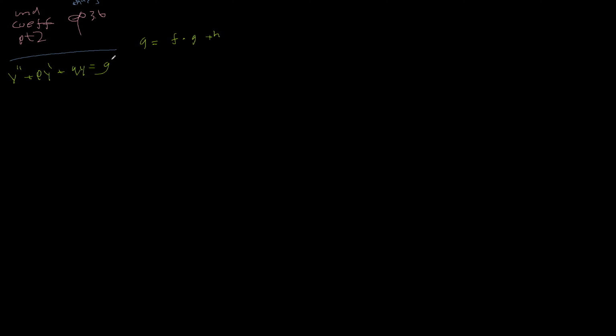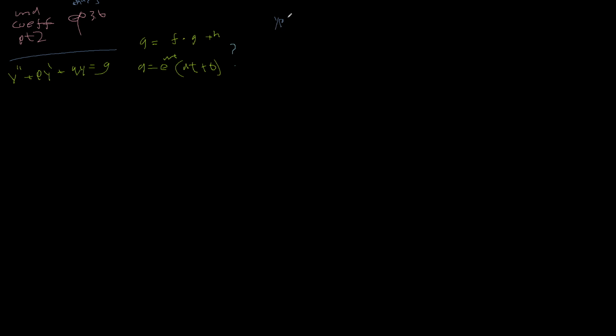A first example I'm going to look at is, what if we have e to the omega t times (at plus b), something like this. So what if g is equal to this? First thing we're going to do, we want to find a particular solution.